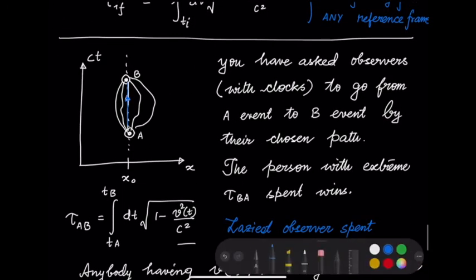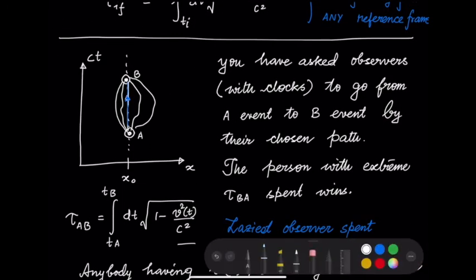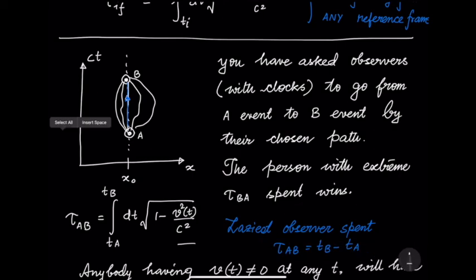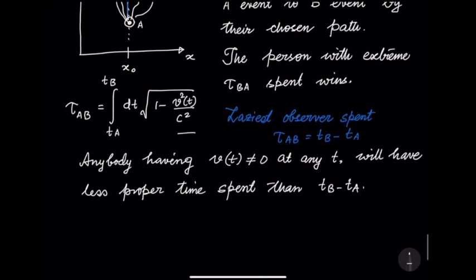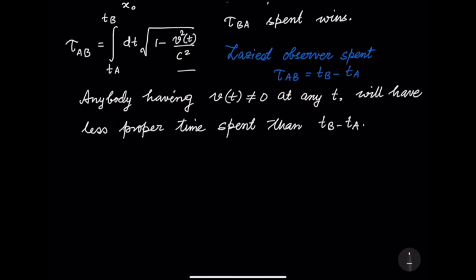So what do you see here? You see tau does serve as a proxy for the action which remains extremum along the trajectory. So with this knowledge, along the true trajectory, because the true trajectory we already know is the trajectory where the particle doesn't move.